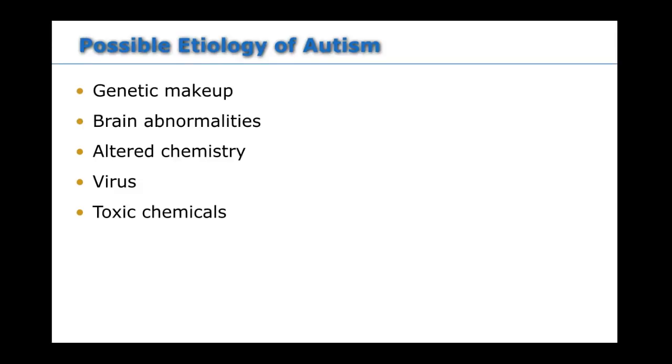Now, we don't really know what causes autism. It's kind of a puzzle, but these are some things that they are thinking might. Genetic makeup, some sort of brain abnormality, an altered chemistry, whether it is a continual altered chemistry. You hear people say, I've got a chemical imbalance.